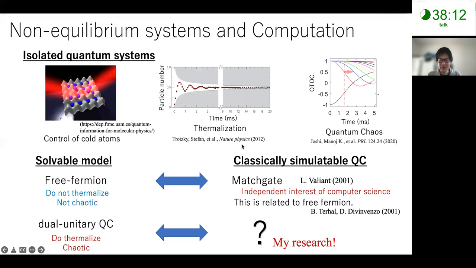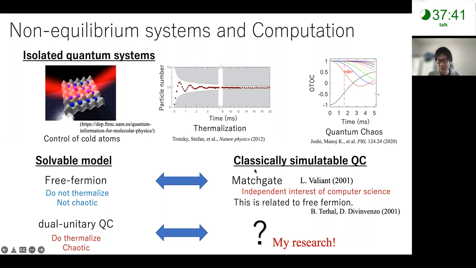To explain these phenomena, we develop exactly solvable models, and a well-known example is the free fermion model, although it does not thermalize and is not chaotic. Interestingly, for the quantum computational community, free fermion is exactly equivalent to a matchgate as I defined before.